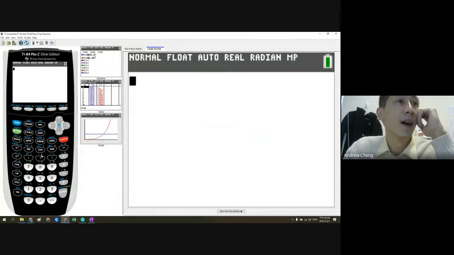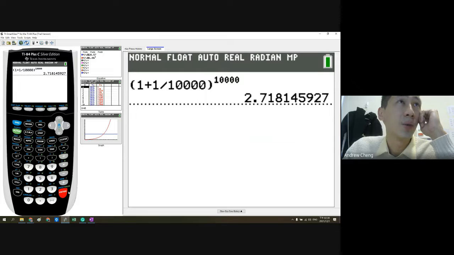Let's say 1 plus 1 over x, if my x is 10,000, raised to the power 10,000 is 2.71814597.